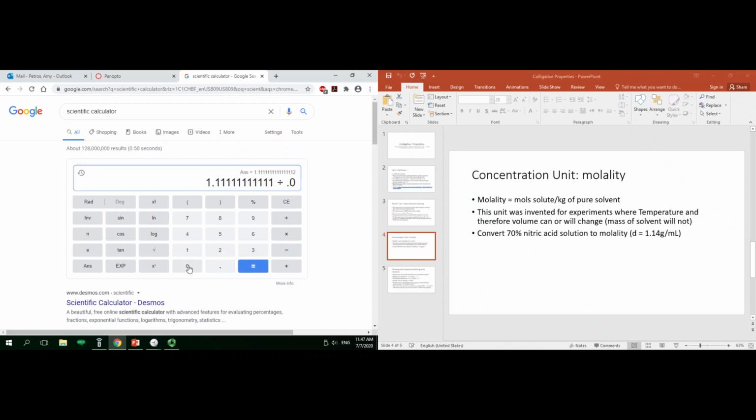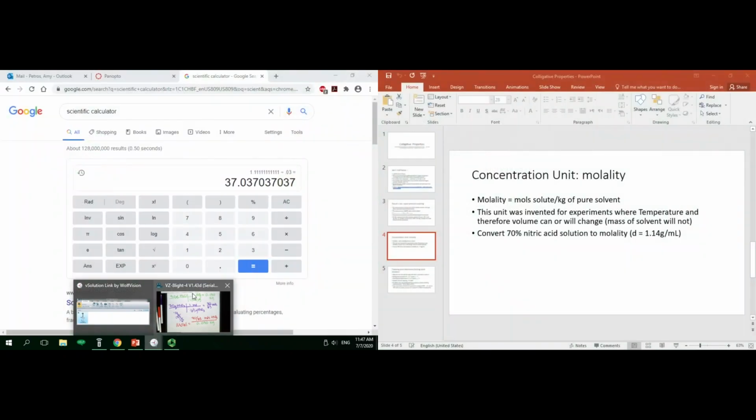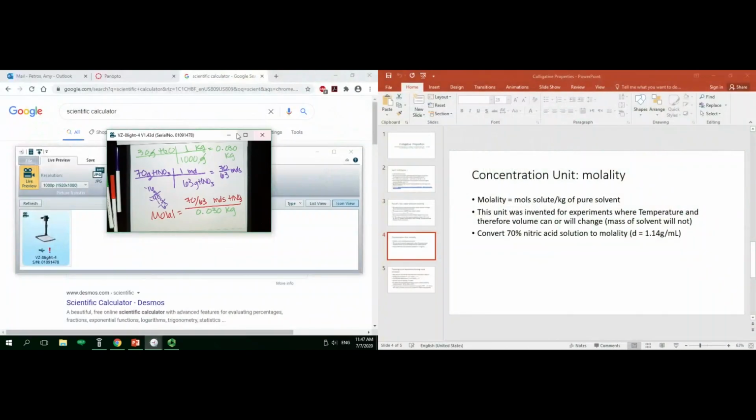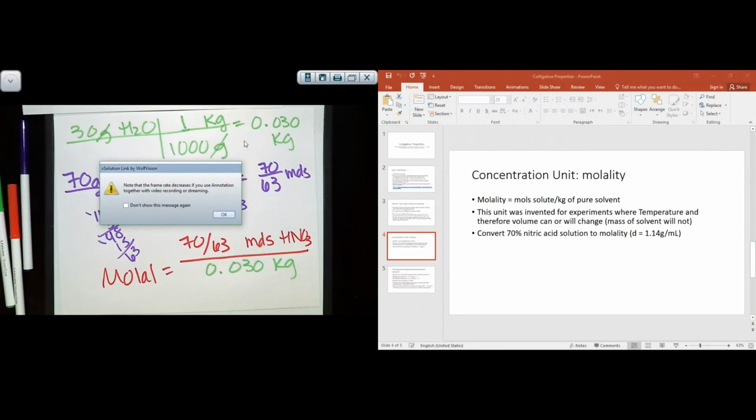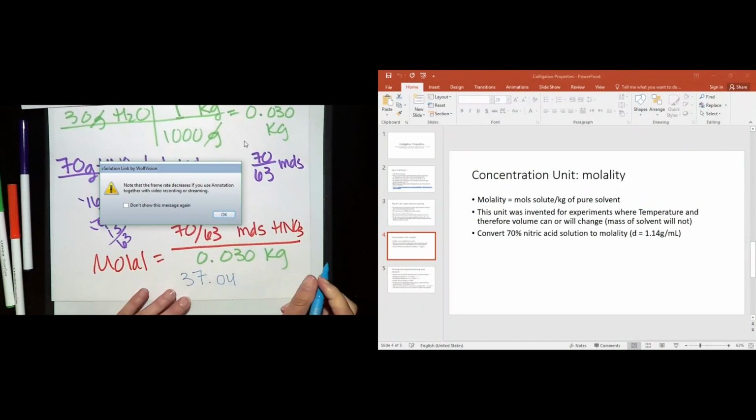Divided by 0.03. Oh yeah, don't drink this stuff. You will die. Okay, wow. So what is that? 37.04-ish. Wow, did I do something wrong? That's a crazy number. 37 molal. I might have just made up that number for that problem.